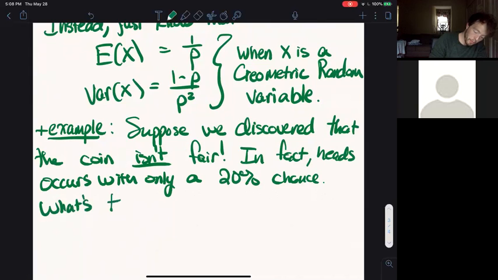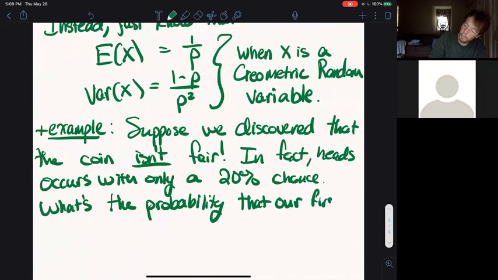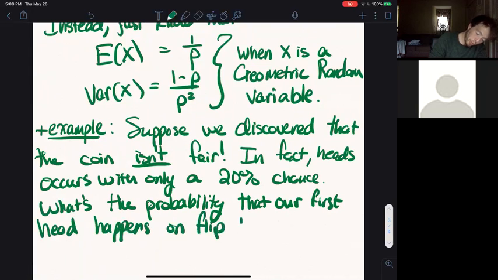What's the probability that our first head happens on flip number 2?